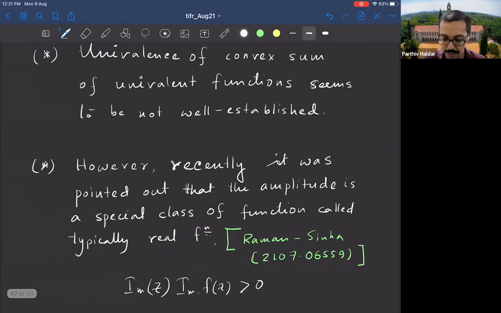And typically real functions also satisfy bounds. In fact, for typically real functions, the Bieberbach conjecture was proved by Rogosinski long back in 1931.